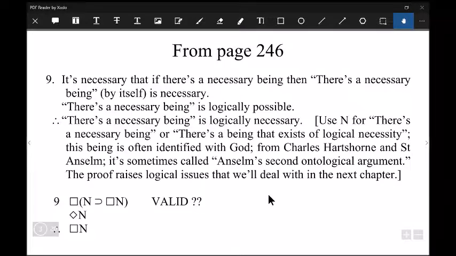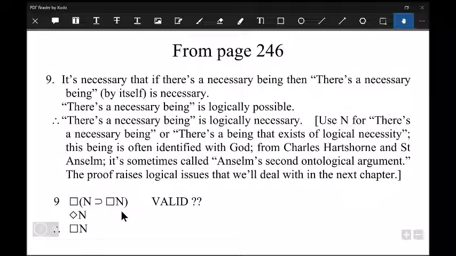Number 9. This is a very perplexing argument. It's perplexing because it uses one modal operator within the scope of another. And we mentioned, I think last time, that this can bring about controversies and issues.